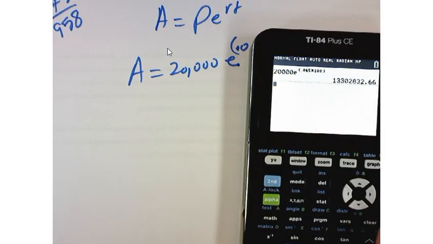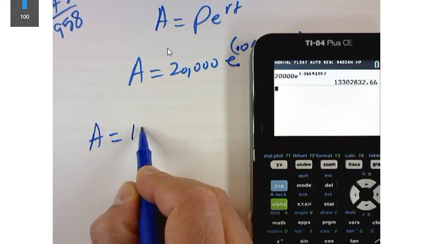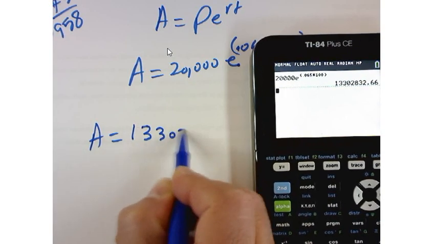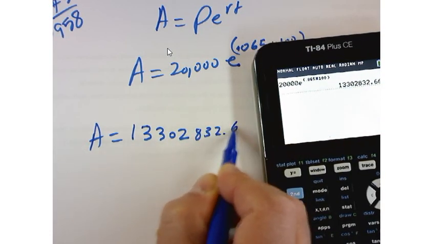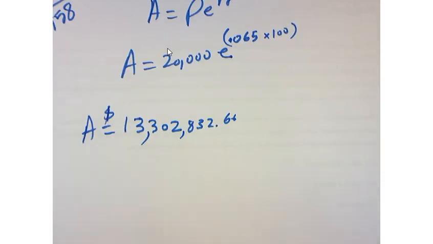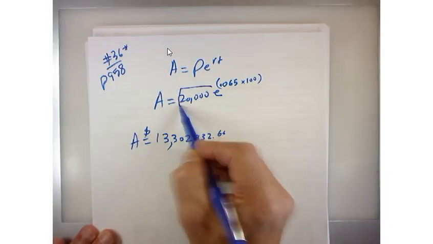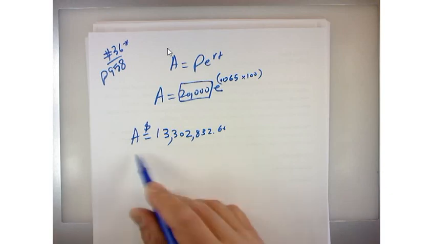But I think it's 25,000. I did it for 20,000, which is okay. That's what I get if I do 20,000: 13302.832.66. So we're going to call this 36 star because in 36 this is 25,000. Okay, it doesn't matter.